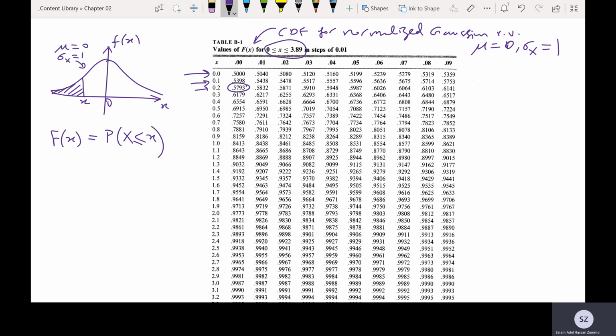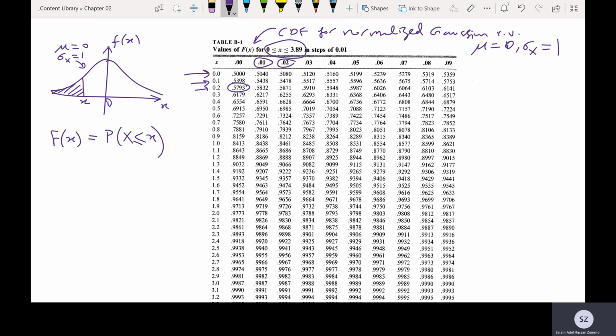But what if I want 0.12? The different columns here show you the different decimals, the second decimal, for every one of them. So 0.00, 0.01, 0.02, and so on.